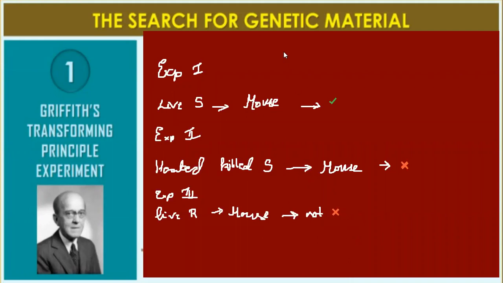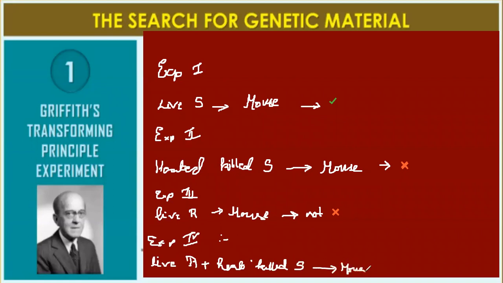In experiment 4, what happened? He took live R bacteria and heat-killed S bacteria and kept them along with the mouse.